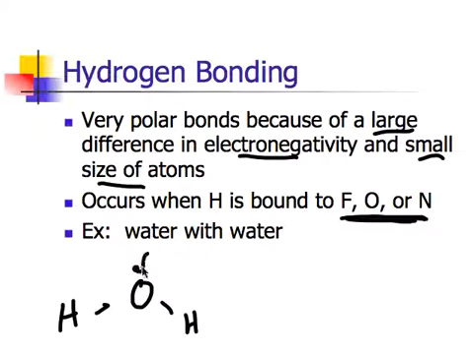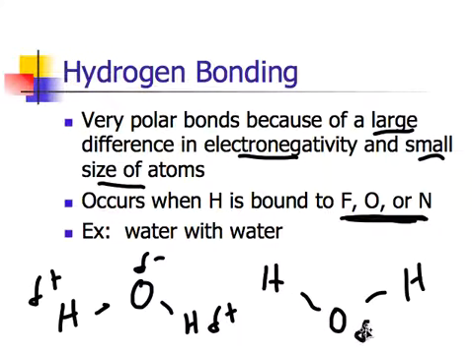So oxygen's more electronegative, so it's a partial negative charge. Hydrogen's less electronegative. Now we have another water molecule next to that, which will have the same charges, but this attraction from positive to negative of one molecule to the other is what's called a hydrogen bond. Essentially, it's a force, but unfortunately, it's called a hydrogen bond.